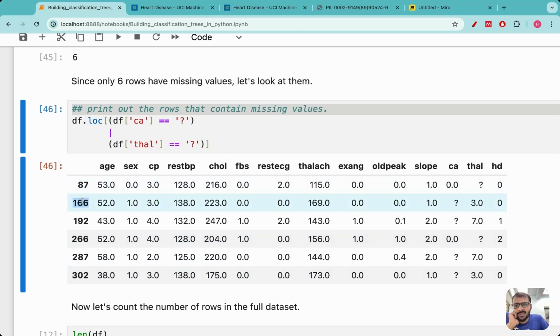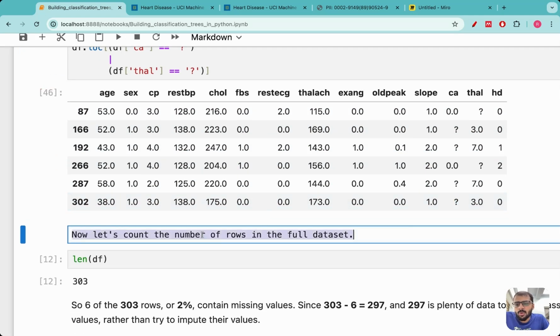If you look at patient 166, the CA value is missing. Patient 192, again CA value is missing. Patient 266, thal value is missing. Patient 287, the CA value is missing. And patient 302, again the CA value is missing, right? Which means that there are 6 patients for whom either one of these values is missing.